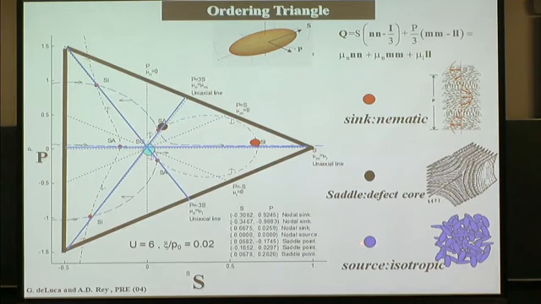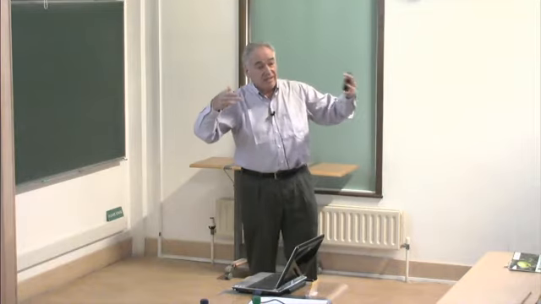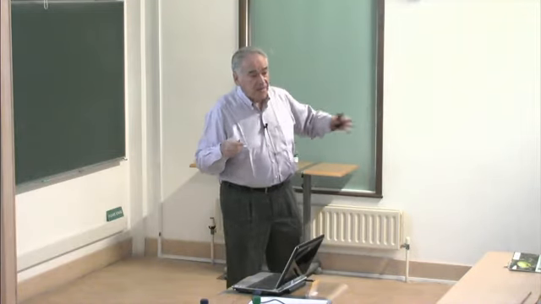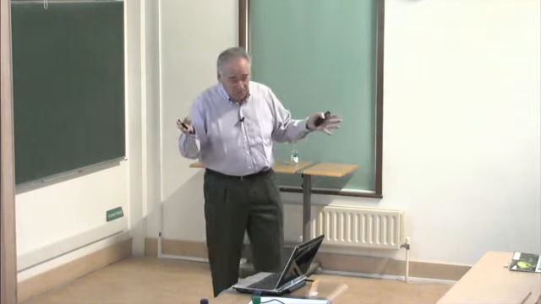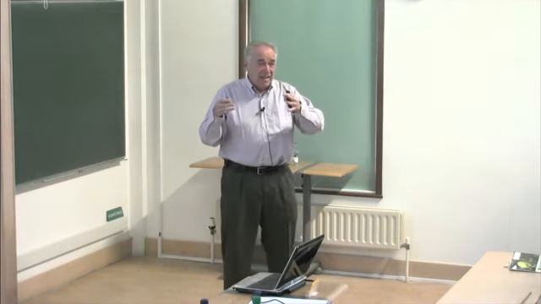And then you have this important root here, which is a saddle of your free energy, which is a defect core. A defect core. This is a disclination. There are many types of disclination. I just read a paper yesterday. Somebody is able to produce disclinations of strength plus or minus 10.